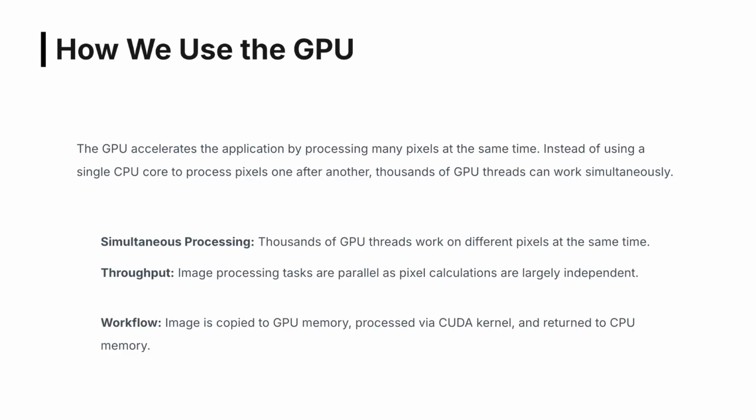Then a CUDA kernel runs where many threads work on different pixels. After the GPU finishes processing the image, it copies it back to the CPU. This works because most pixel calculations are not dependent on each other. For example, one pixel can turn gray without needing to wait for another pixel, if that makes sense. Whereas the CPU has to wait.